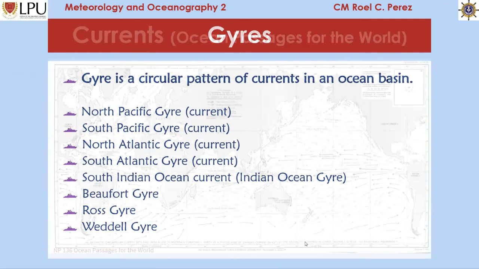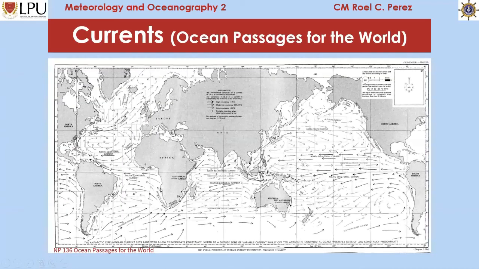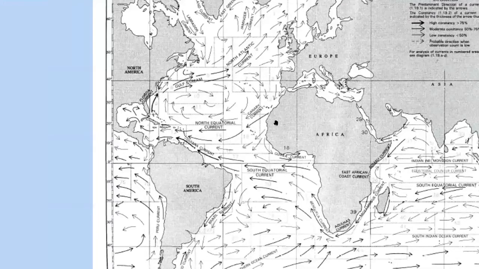So let's go back to the map. Okay, so as you can see, the gyres are in a circular pattern. So for example, the Gulf Stream, which is connected to the North Atlantic Current, is going in a cycle that is clockwise.